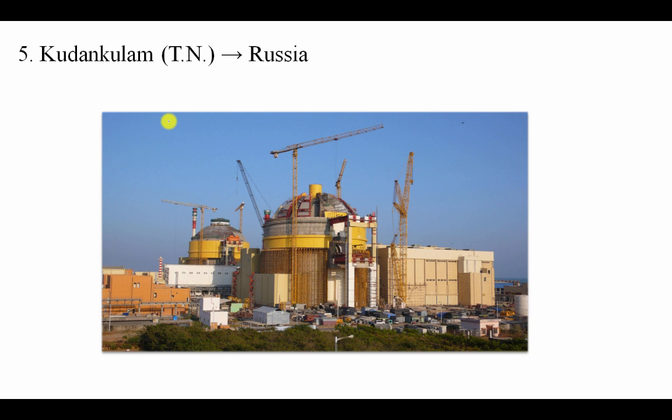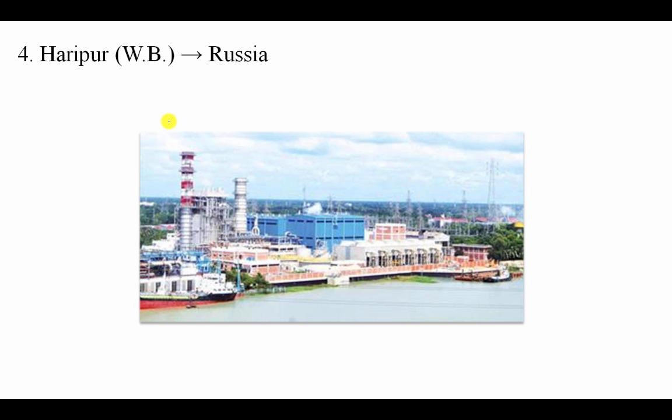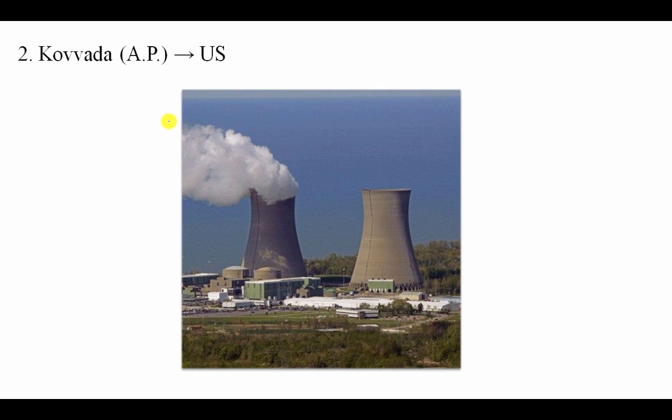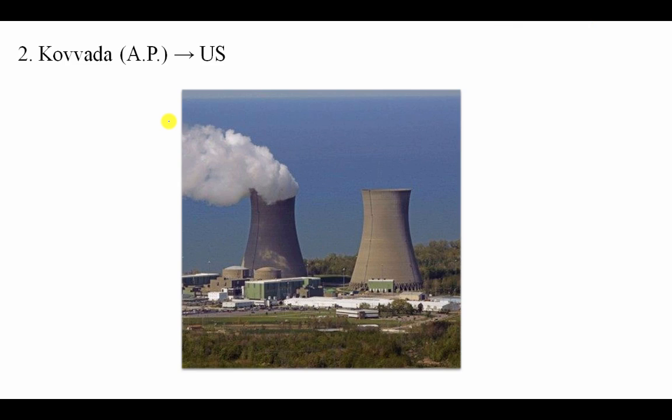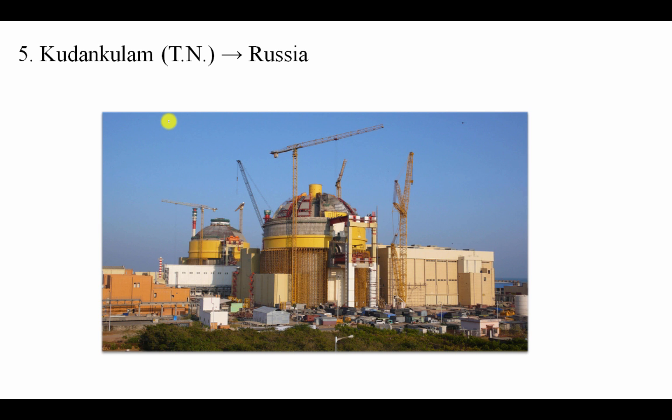It is in Tamil Nadu. Kudankulam and Kalpakam, two places in Tamil Nadu. So in Kudankulam there is another power plant under construction in Tamil Nadu, and it is also made with the help of Russia. So Kudankulam and Haripur are with the help of Russia, and the rest, Mithi Virdi and Kovvada, these two are made with the help of the US. And Jaitapur is made with the help of France. So all these are the important things that you need to understand and remember.